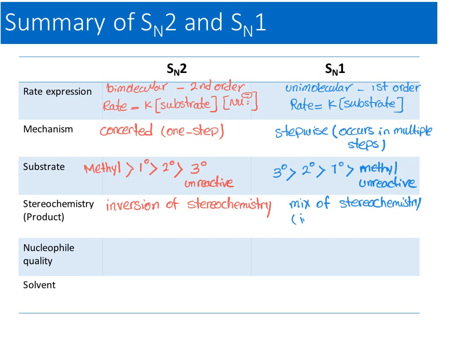So we have both inversion and retention. So we are forming a racemic mixture.